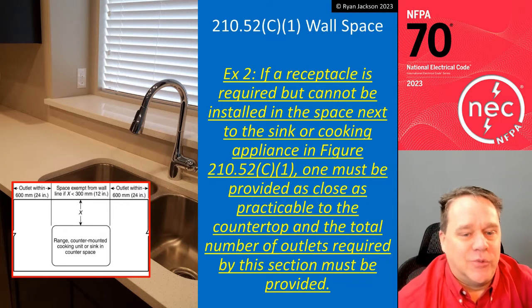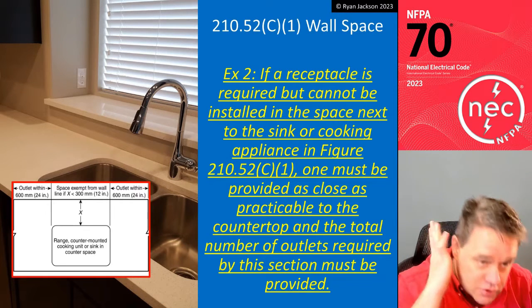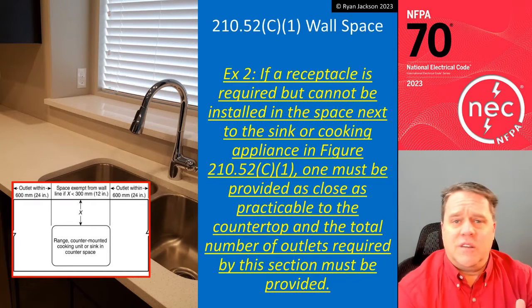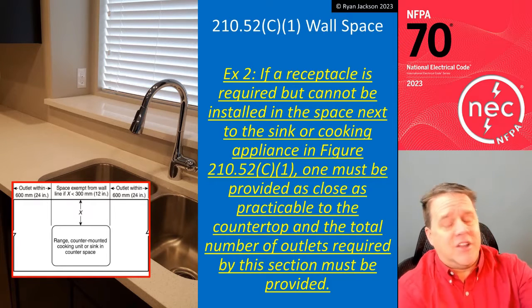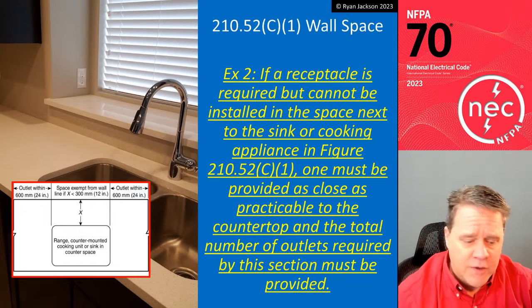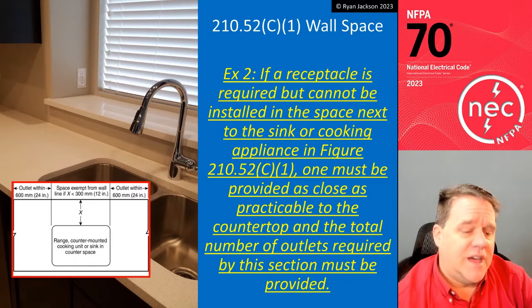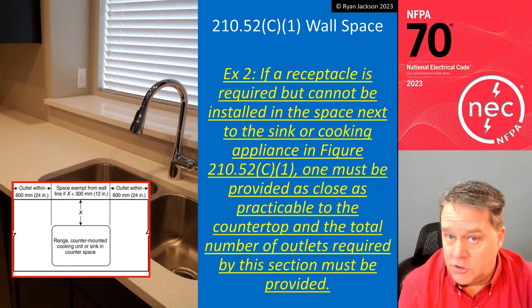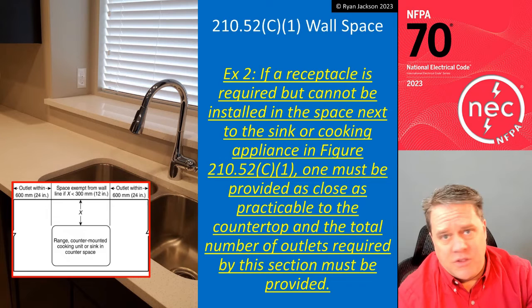New exception in the 2023, and I adore this exception. I'm so happy with this. It's not written perfectly, but hey man, I challenge you to do a better job. Seriously. Writing code that is concise and easily understood and enforceable and is practical and we can put it into play, it's harder than you might think.